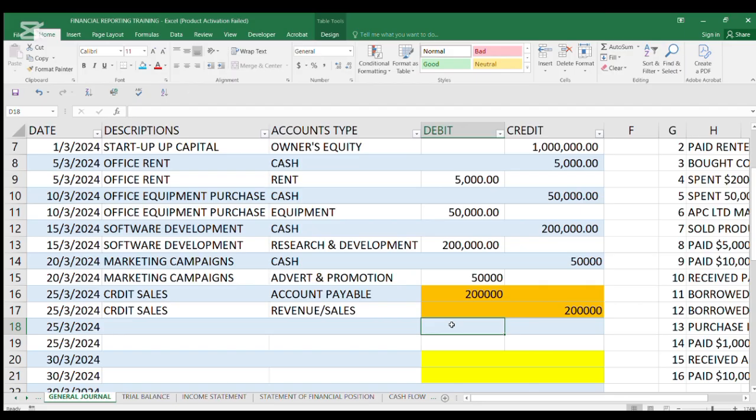Now remember that this customer made a deposit of 100,000.